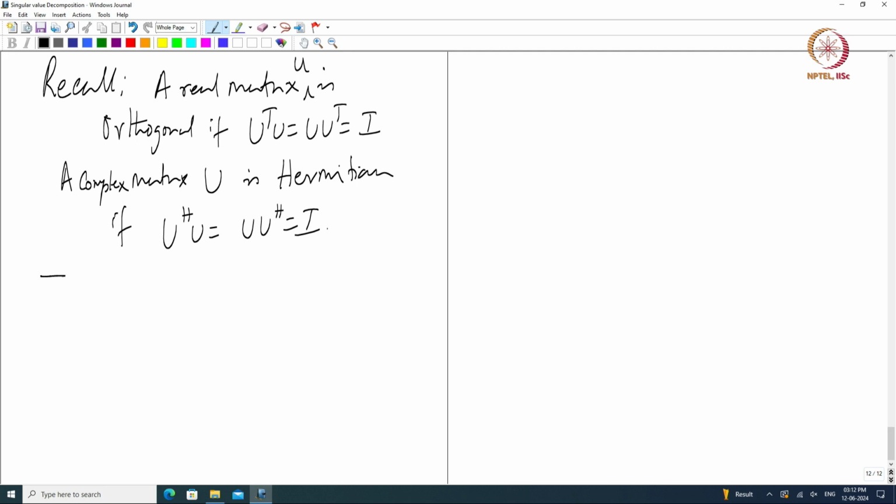So this is orthogonality in the real vector space. This is the equivalent of orthogonality in the complex vector space, that is all. Okay. So the critical idea for both is orthogonality.